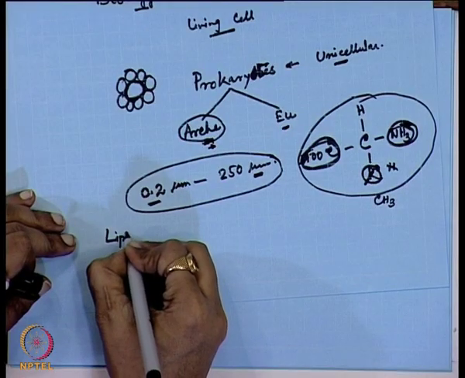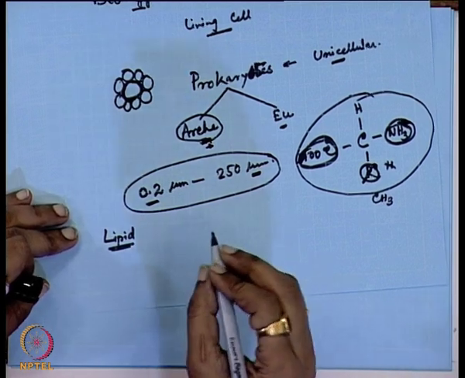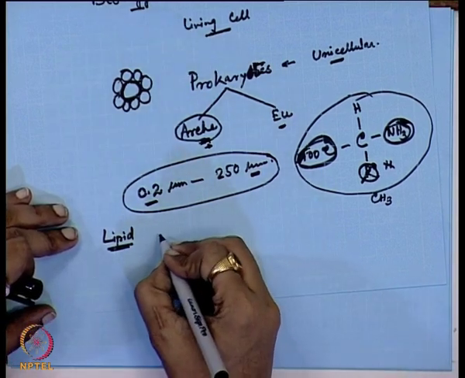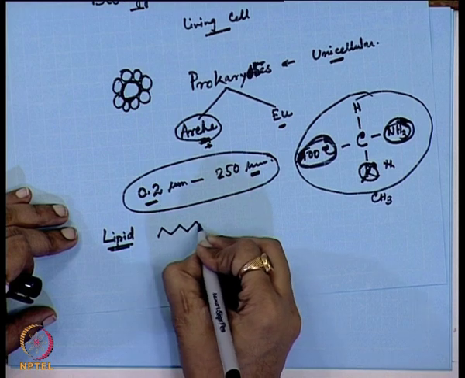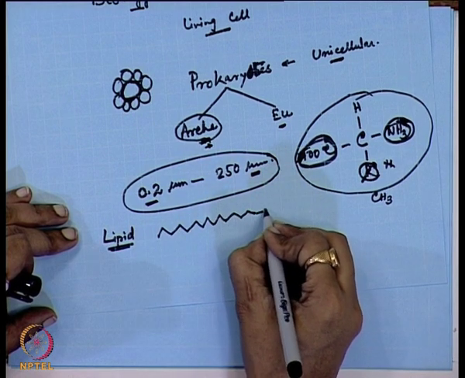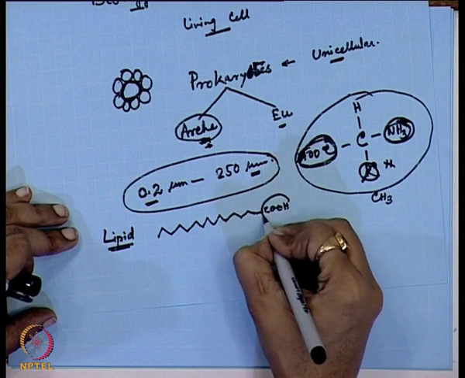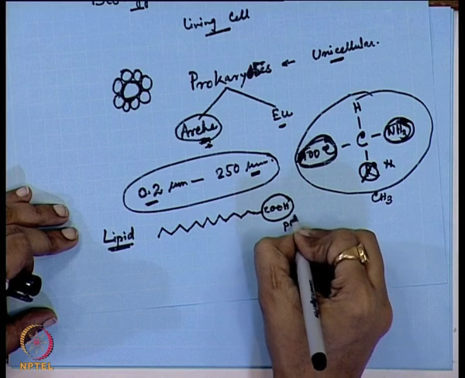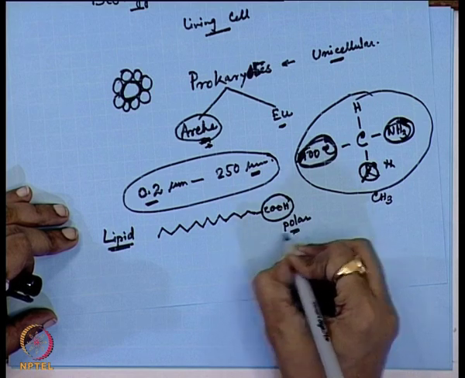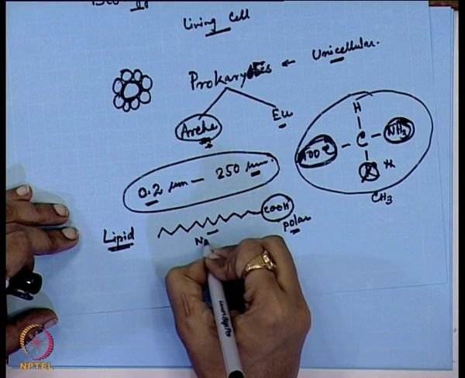Lipid is a water insoluble molecule, and if we see the structure of a fatty acid, we can find that it has a chain-like structure ending with a carboxyl group which is polar in nature. That means we can say this fatty acid has a polar head and a non-polar tail.